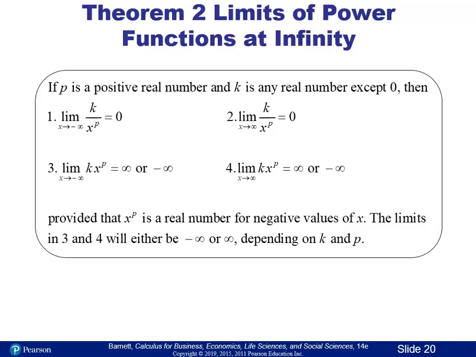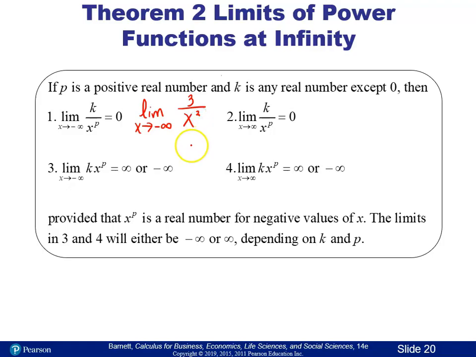Okay. All right, so I've got a couple things to help us here. If we're taking the limit as x goes to either positive or negative infinity, so that's both 1 and 2 here, of something that looks like this. Let's say x is going to negative infinity of 3 over x squared.